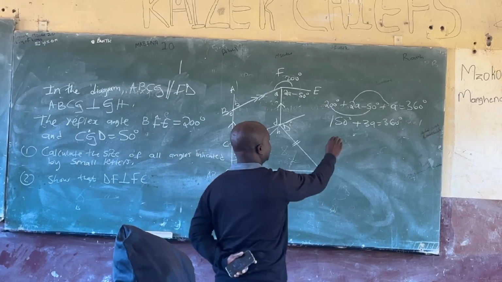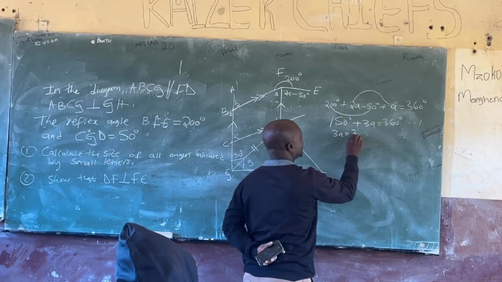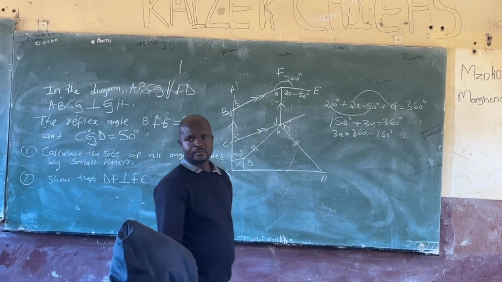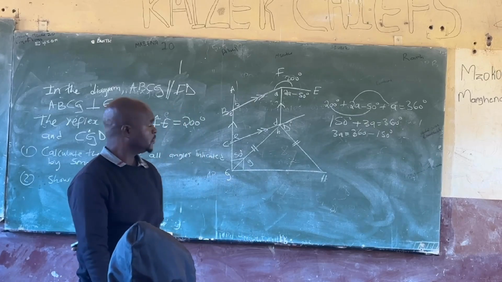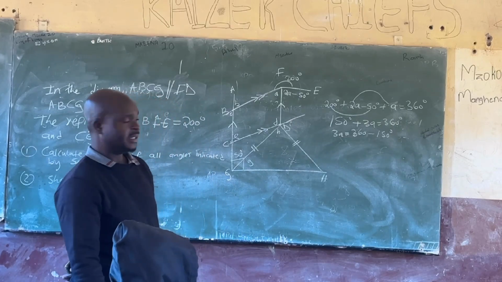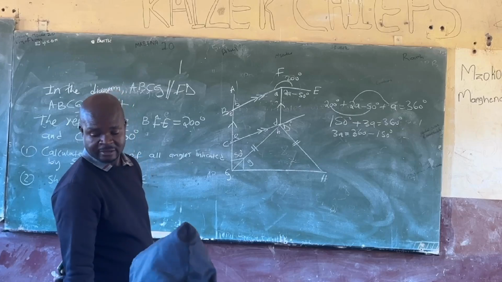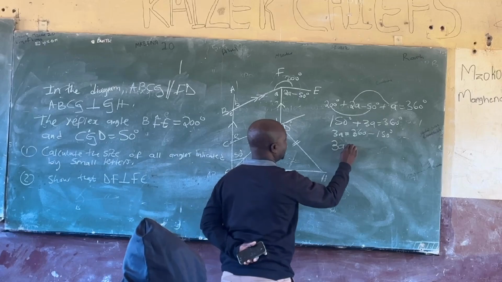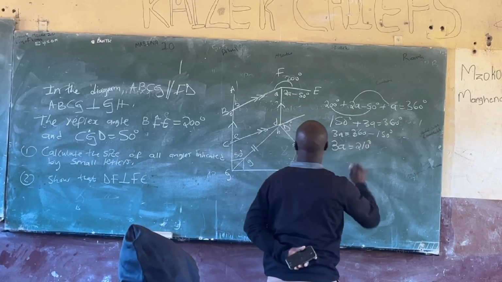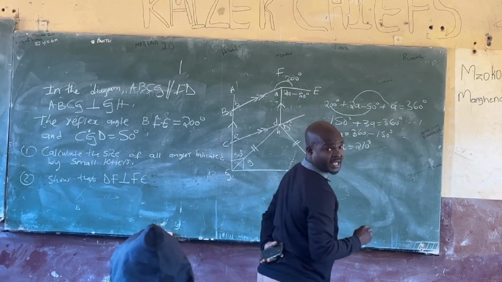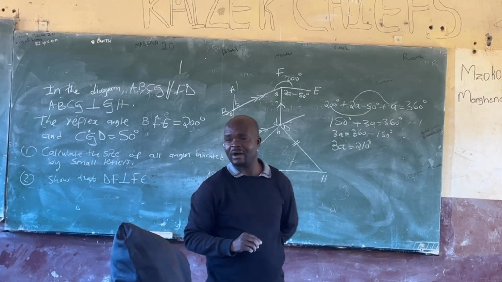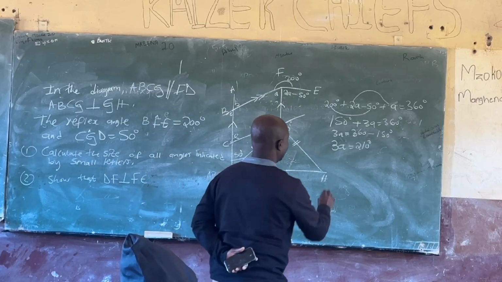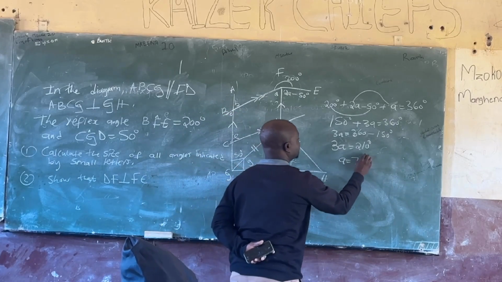You will have 3a equals 360 minus 150. Then you subtract 150 from 360, which means you have 3a equals 210. Now you divide by 3. It means that a equals 70 degrees.